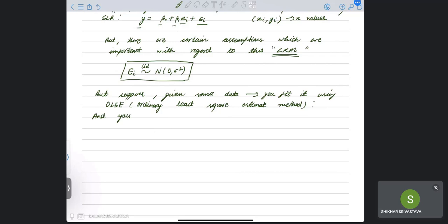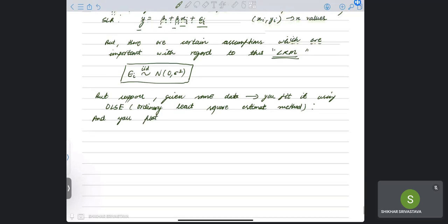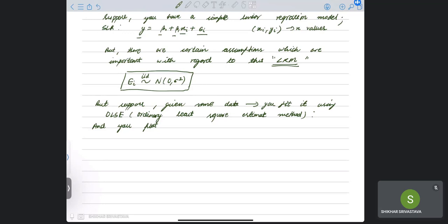After finding the beta naught and beta 1 values, you can put them in this equation, and you will get a linear model.